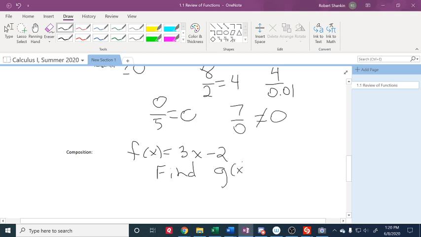Find g of x and h of x, so that f of x is equal to g of h of x.